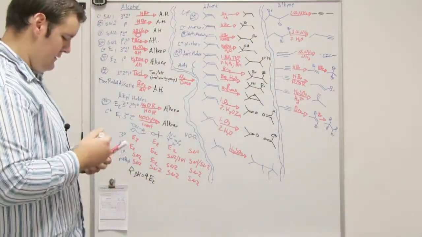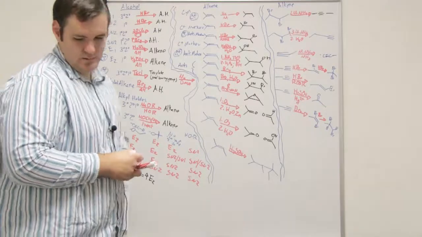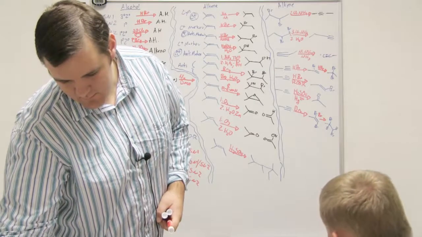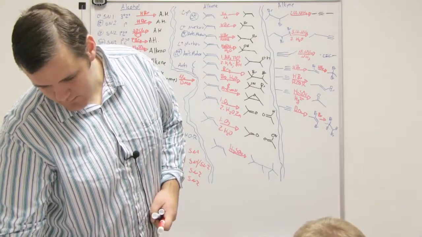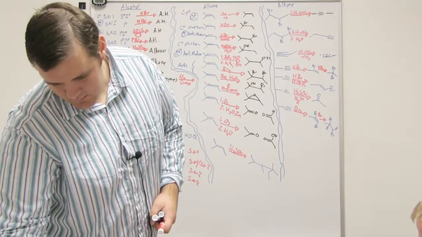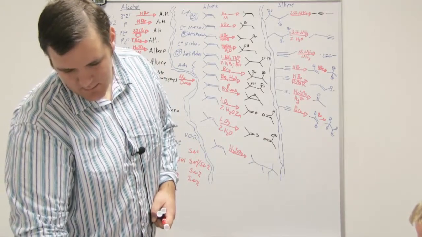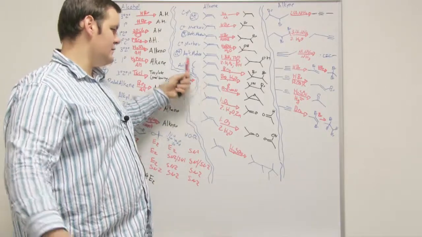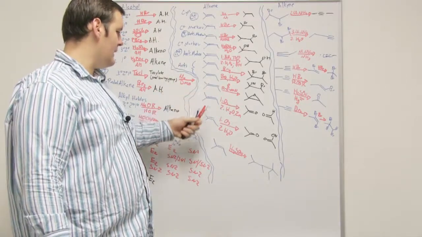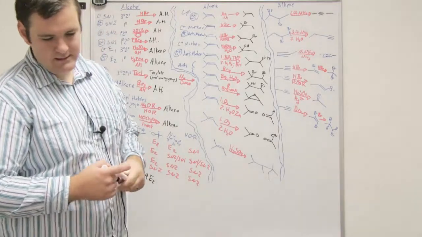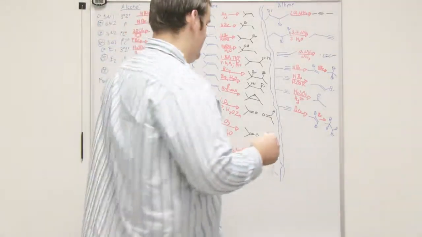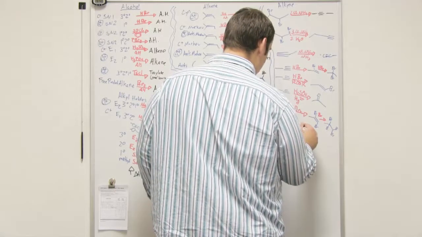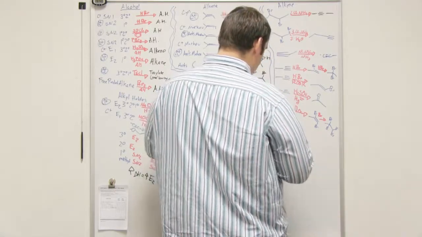Kind of cool. And then we don't have to worry about Br2 with H2O. We don't worry about epoxides, but you can do ozonolysis, and it gives you essentially the same thing, but with a slight difference.